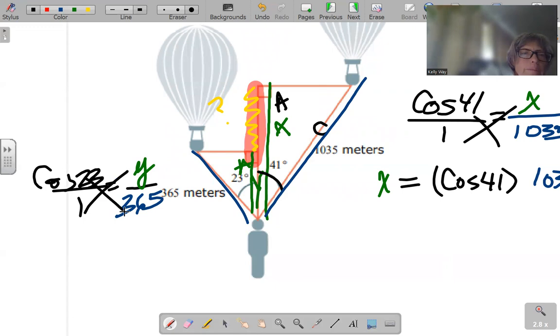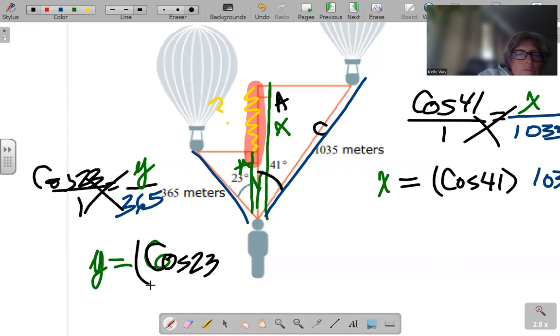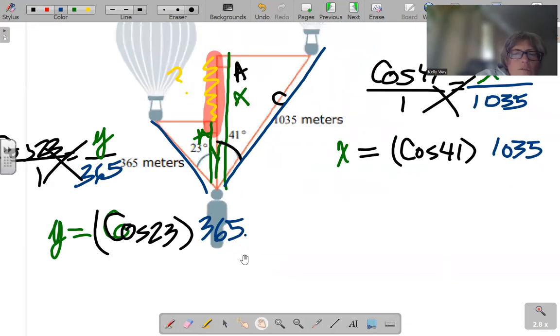Cross multiply. So to get our final answer, which is the yellow squiggle, which is the difference of the two, you are essentially doing this. You are going to do the value of x minus the value of y.